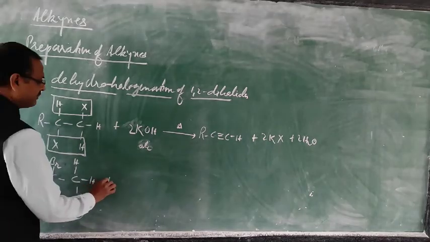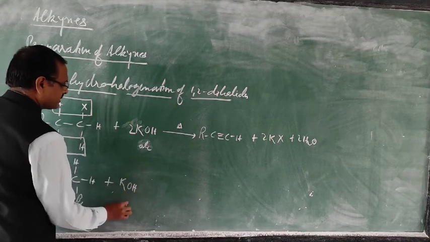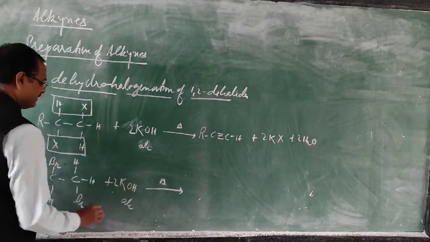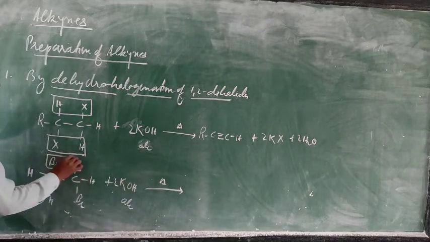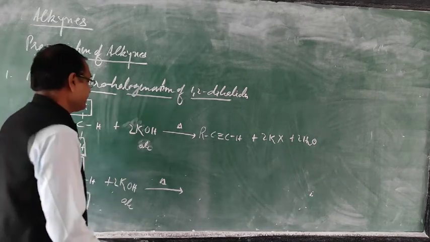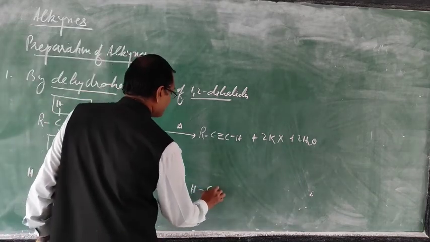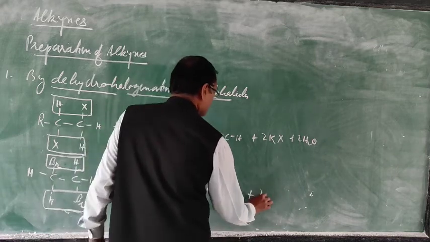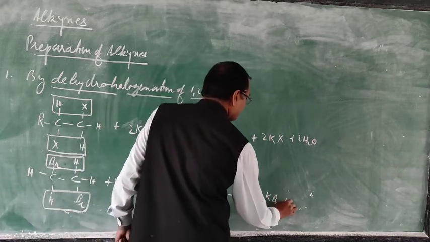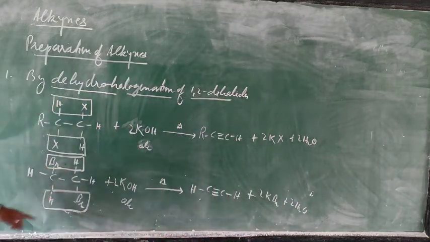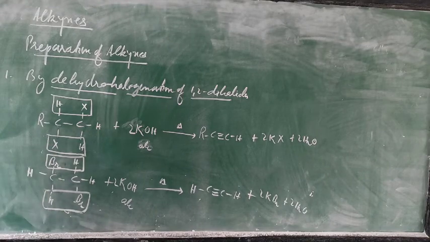It is treated with alcoholic KOH, then HBr is removed, and this will form C triple bond C and 2KBr plus 2H2O. So from this reaction HBr is removed. That's why this is an example of dehydrohalogenation.